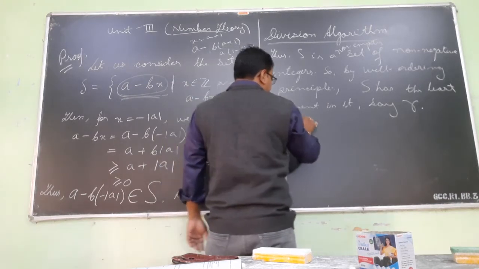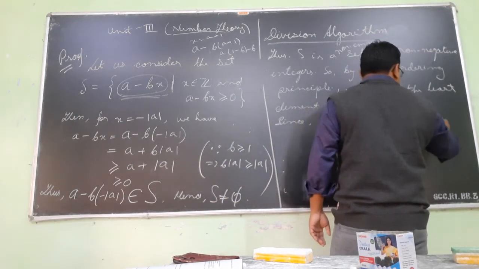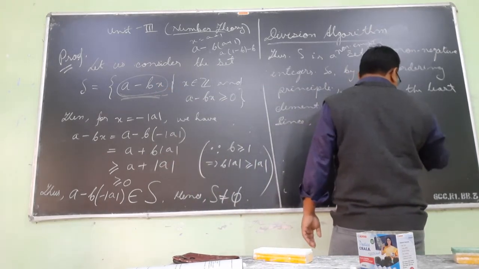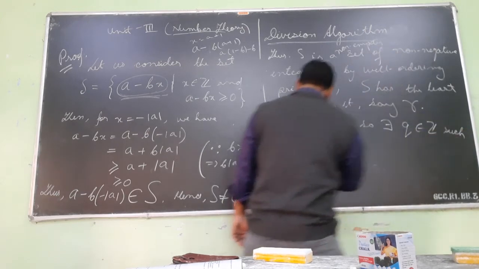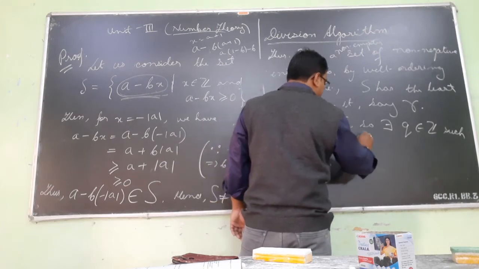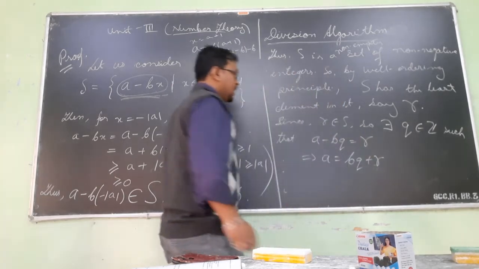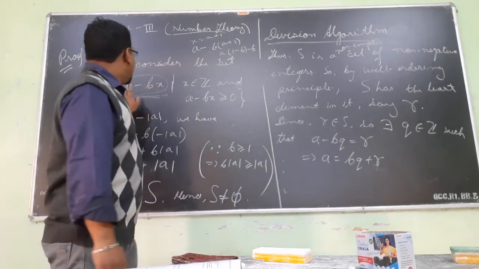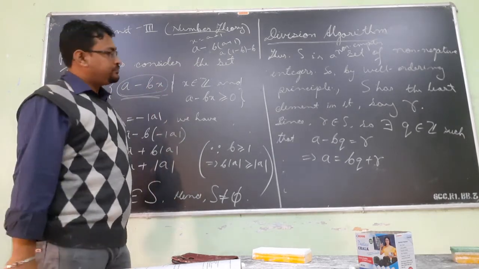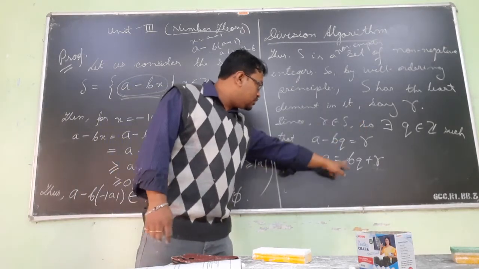Since R belongs to S, there exists Q inside Z, denoting this X by Q, such that A minus BQ is equal to R. So that is A equals BQ plus R. R will look like this: A minus B into some integer, and we denote that integer by Q.